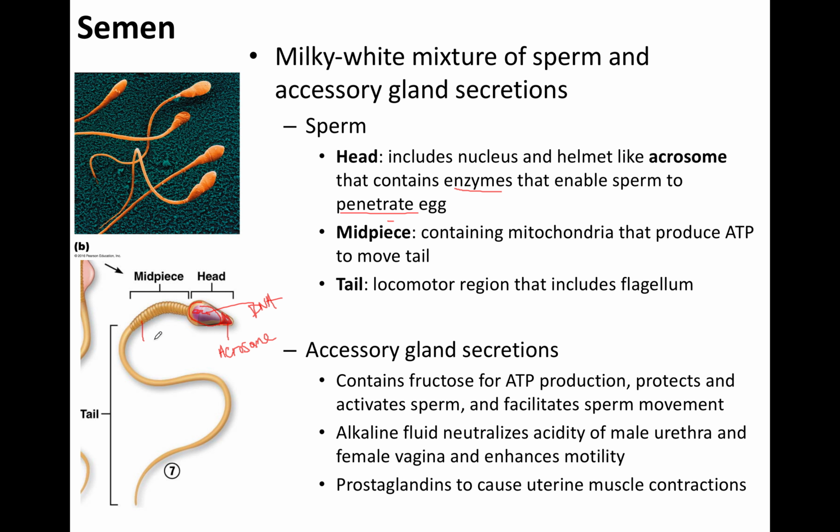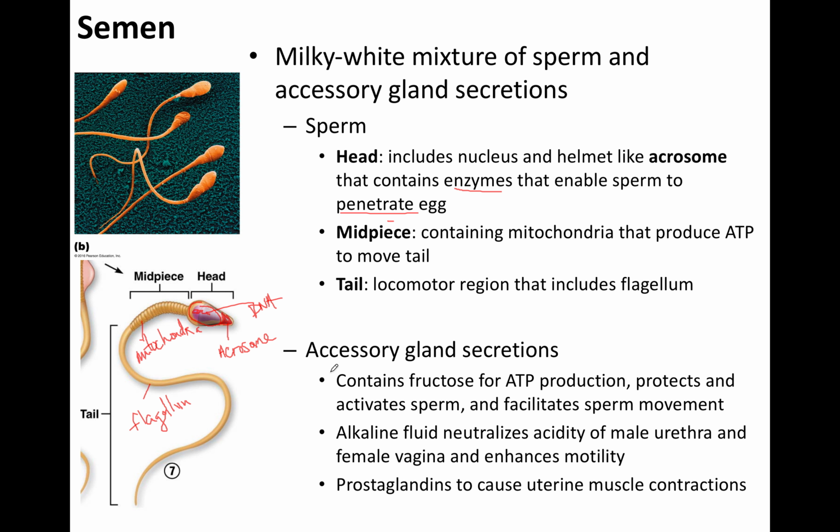This midpiece is going to be where mitochondria are. The mitochondria are needed to power the flagella. Okay? So remember, this is the only cell in the human body that has a long whip-like flagella. In order to power this or to twist it around, you need ATP. Mitochondria is going to help you make that ATP.